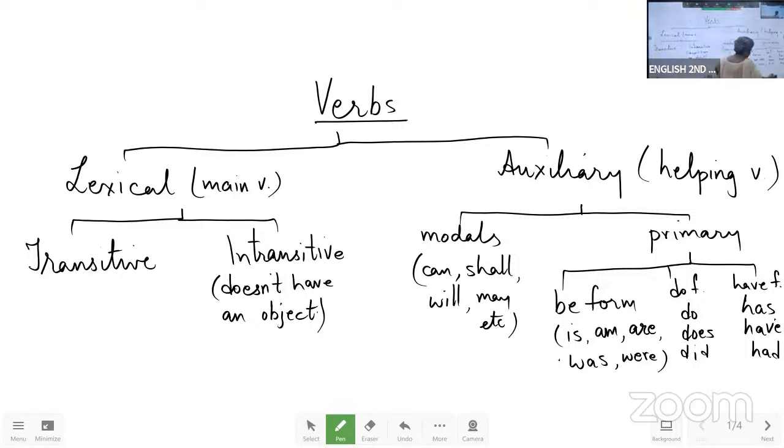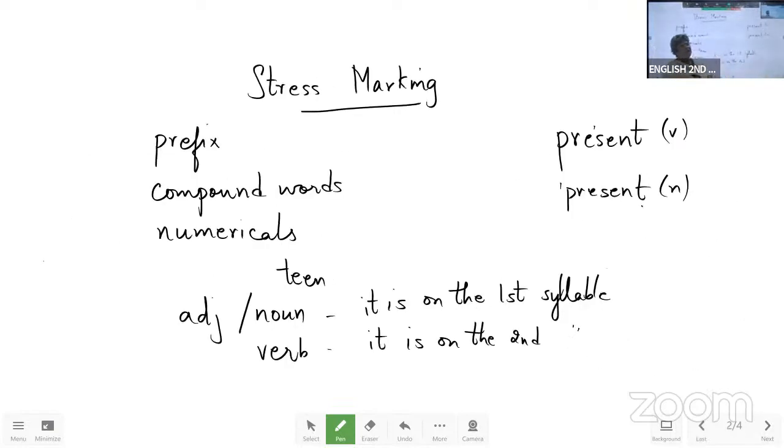Now coming to stress marking, stress marking is very, very unpredictable. So you have to remember certain points, especially the word endings will help you, the prefixes and the compound words.